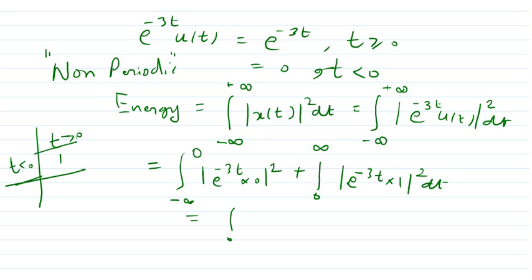It is 0 to infinity e raised to the power minus 3t square dt. Further solution leads to, what we can do here, we can just square it.